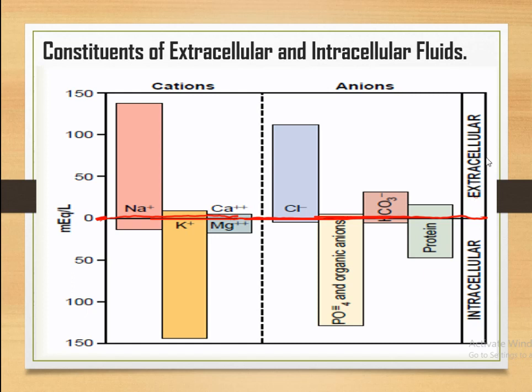For the extracellular, we are talking about plasma and the interstitial fluid. When we talk of the intracellular, we are talking about what is inside. So this diagram is very important.